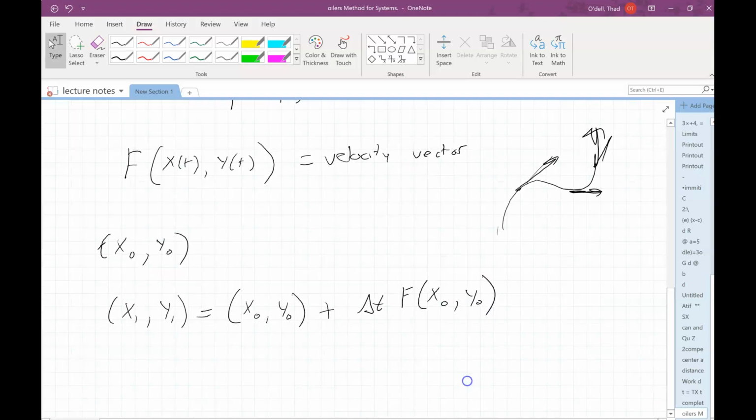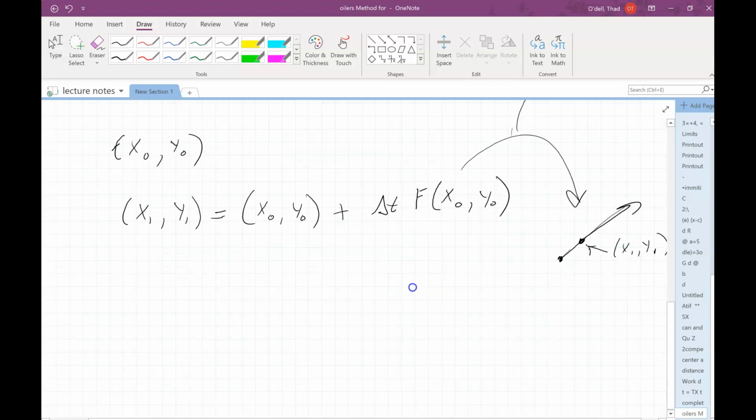So if you think of it this way, we're starting at the point x naught, y naught. We've got this initial vector that is my F evaluated at x naught, y naught. And we're going to multiply it by some little fraction, the change in t. So we're not going to go all the way off this vector. It's going to be somewhere, say, right about there. And then that would be my new point, my x sub 1, y sub 1.